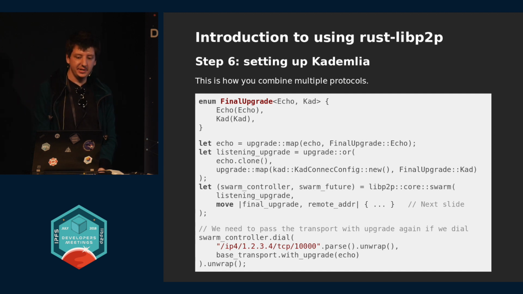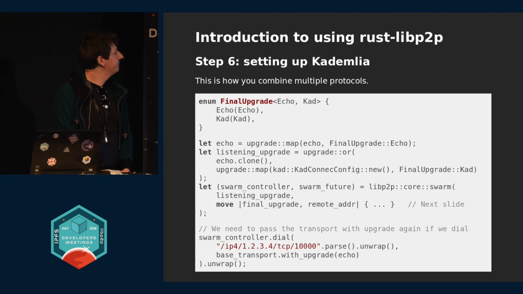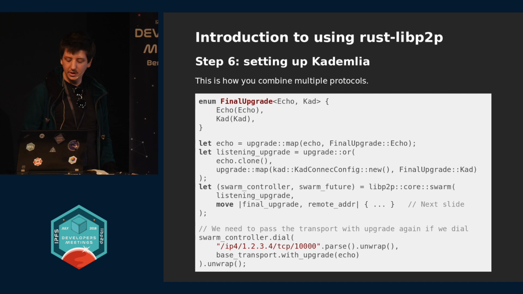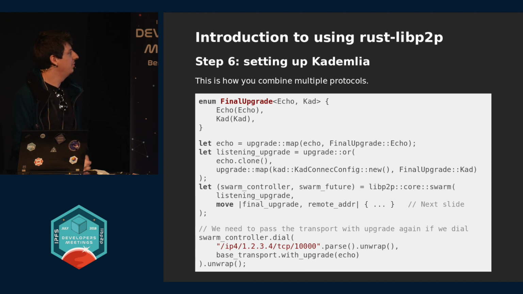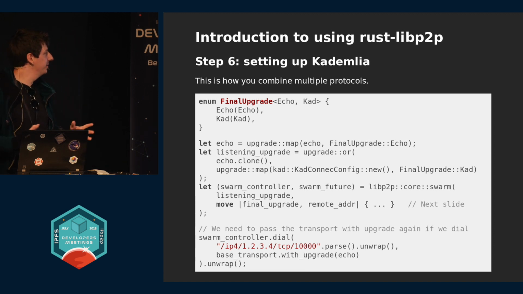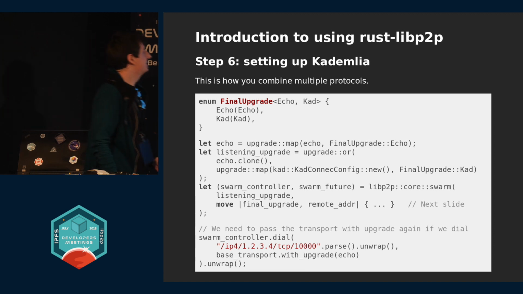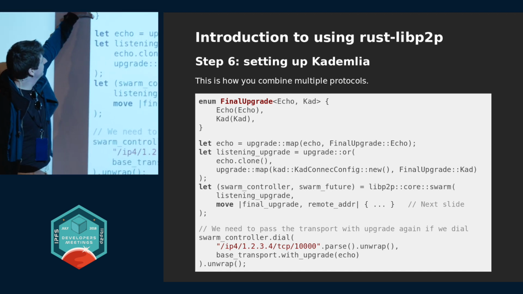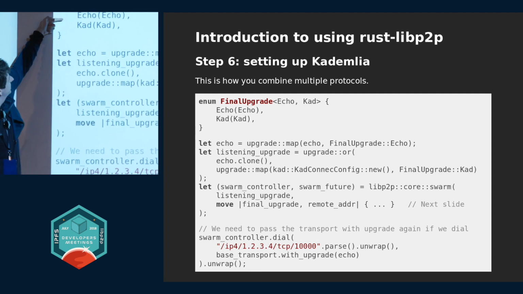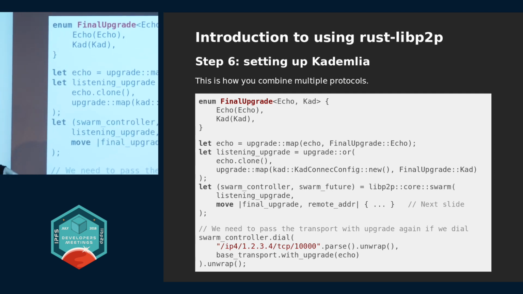Next step is setting up Kademlia. First of all, in this code, we just listened to a single protocol, which is echo. But with Kademlia, we want to support both echo and Kademlia. This is a bit hard to read if you're not familiar with Rust, but this is basically an enumeration. So this can be either echo or Kademlia.